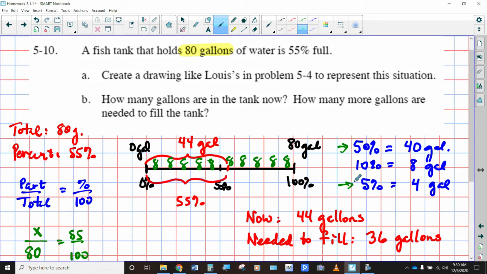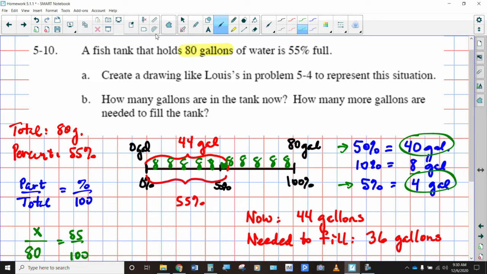So if you combine the 50% and the 5%, that would be 50 plus 5 is 55%, which would give you a total of 44 gallons. So that's our answer. How many gallons are in the tank now? That would be 44 gallons. How much is needed to fill the tank? Whatever you add to 44 to give you 80, that's 36. That would be the other part.